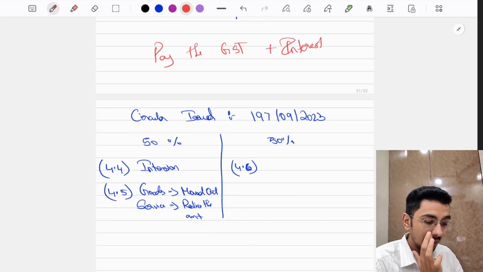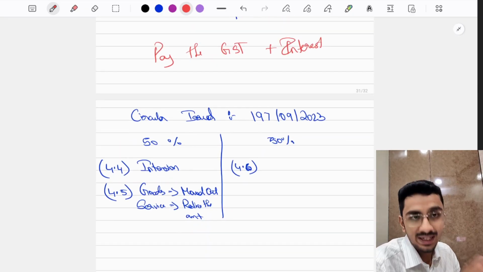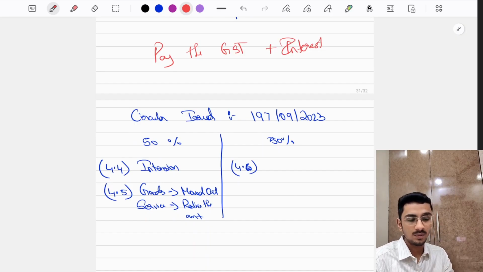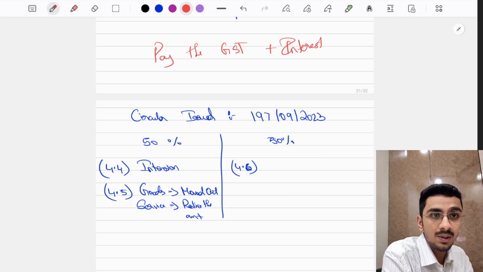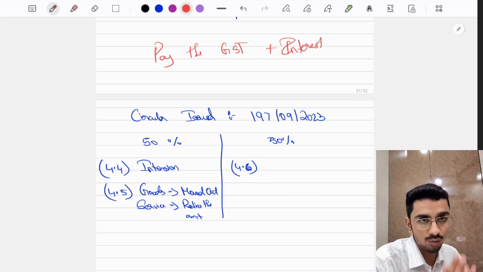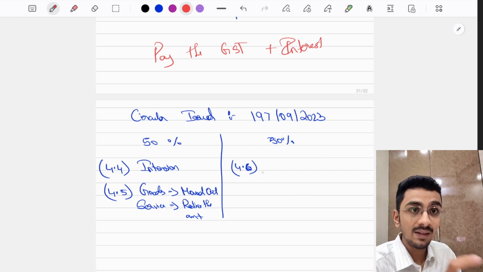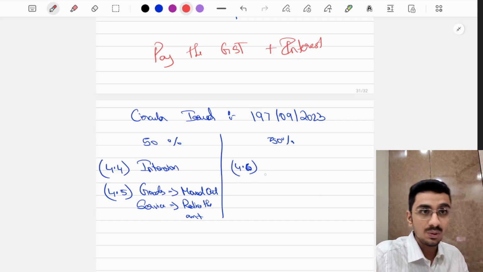Now let us take that you have actually paid it, and subsequent to your payment, you have realized the amount. Subsequent to the payment, you have actually exported the goods. What now? You can actually apply for the refund of the taxes which you have paid.